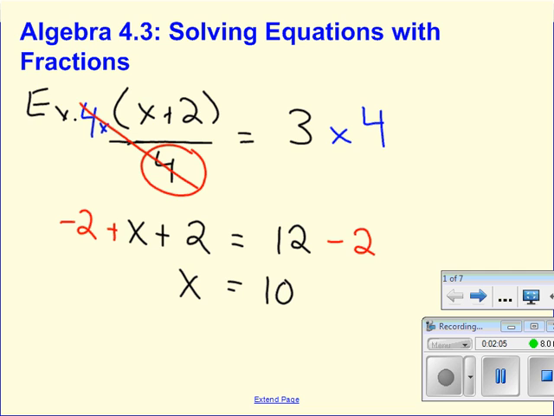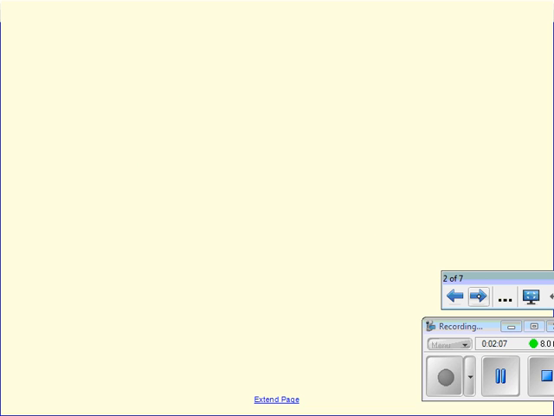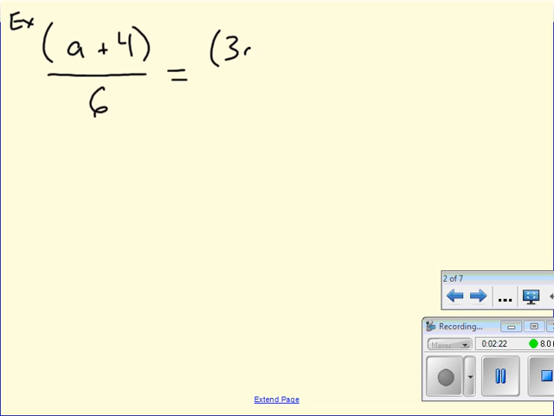Let's try something a little more difficult. 2 fractions. For example, I'll have a plus 4 over 6, that is equal to 3a plus 2 over 2.